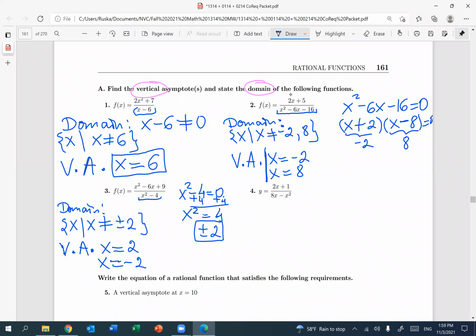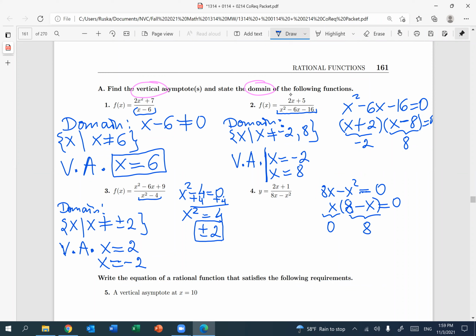And for number 4, of course, you can factor it. I'm just going to solve it real quick. So I'm going to factor x, and you have x times 8 minus x. This gives me x equals 0 and this will give me 8.